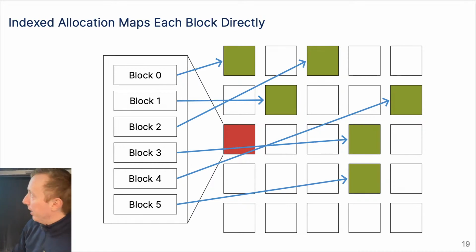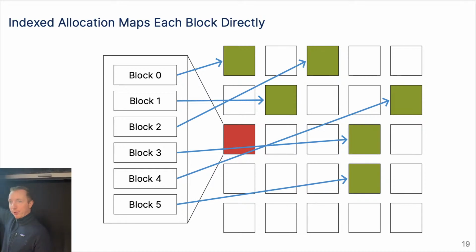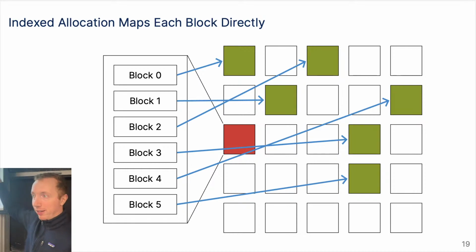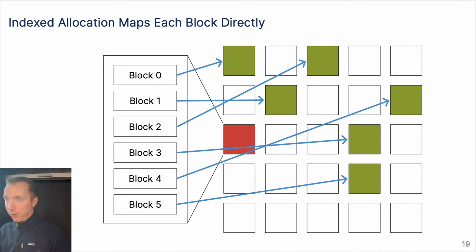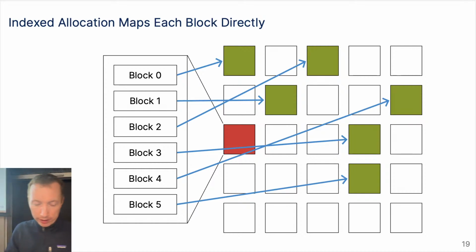So you would actually use a block to store the array, which steals an idea from our page tables, where we have a page table that fits on a page. Well, we store our indexed allocation map on a block. So this red block could store our array of pointers to blocks, and then we would just index them in the order that our file needs them.